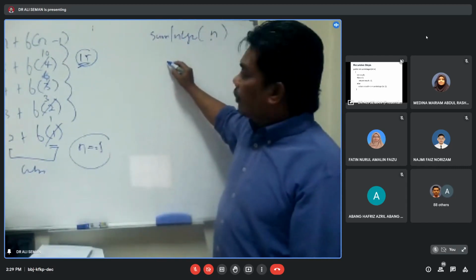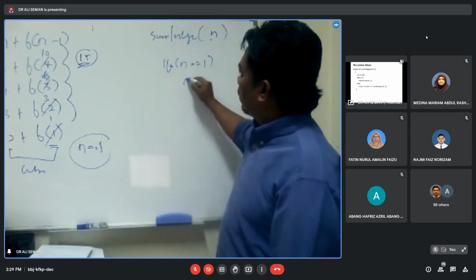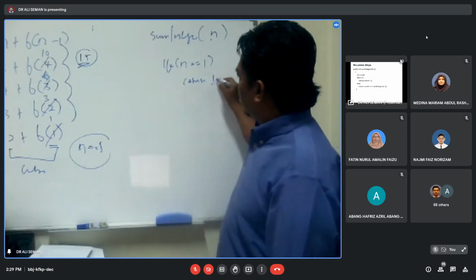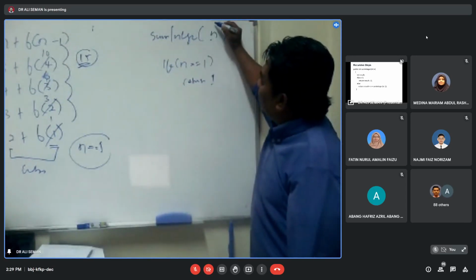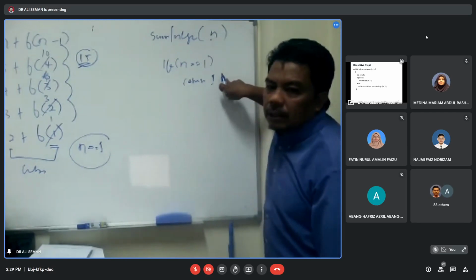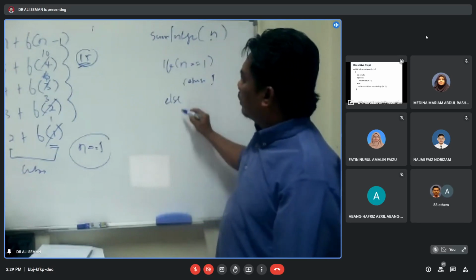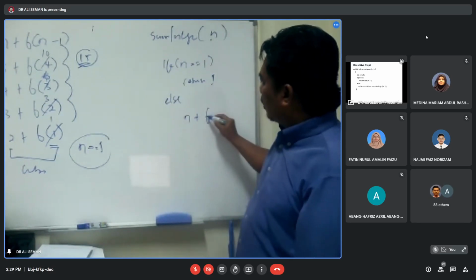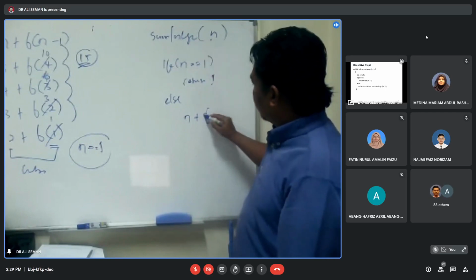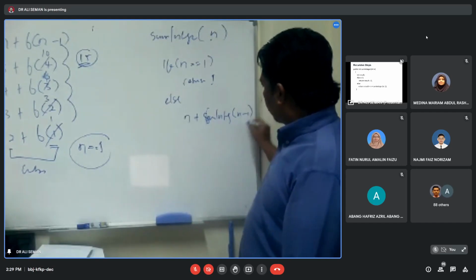If n equal to 1, then return 1, because this is the base criteria. Let's say we pass the value of 1, it automatically returns 1, because the sum of 1 is 1. Otherwise, we put n plus the function sum integer of n minus 1. Correct.